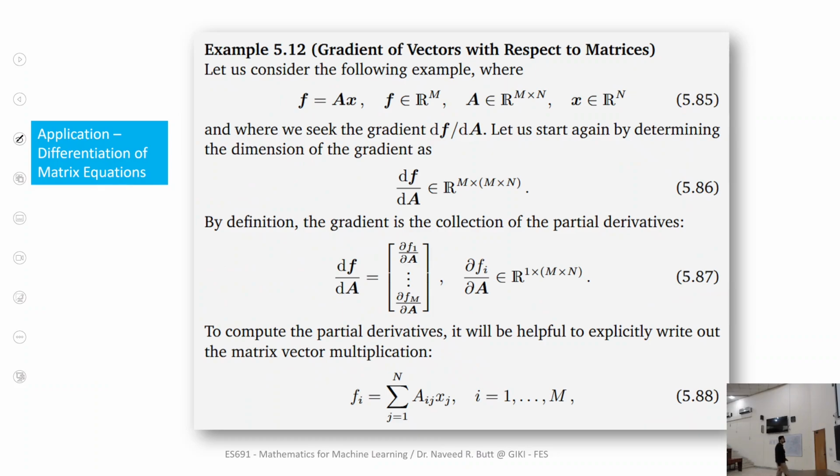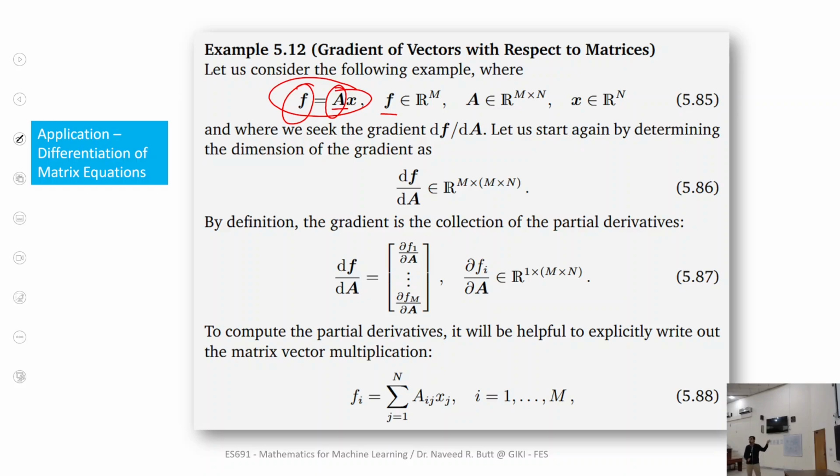So another application, differentiation of matrix equations. Now you have a matrix equation, f is equal to Ax, f is a vector, A is a matrix, and you want to find the derivative of f with respect to this guy. Interesting, right? So how will you do it?